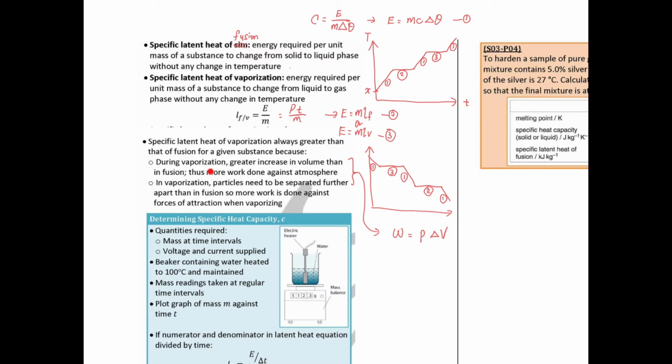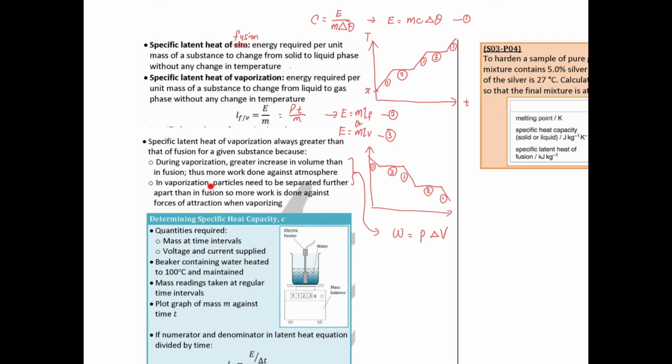Thus, more work is done against the atmosphere. But during melting, the volume increases a little bit, so the work done is a little bit also, and because of that, less energy is required.